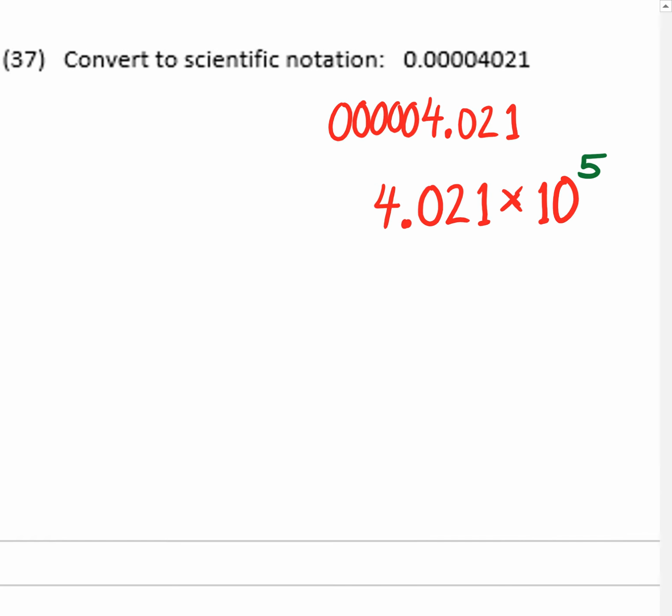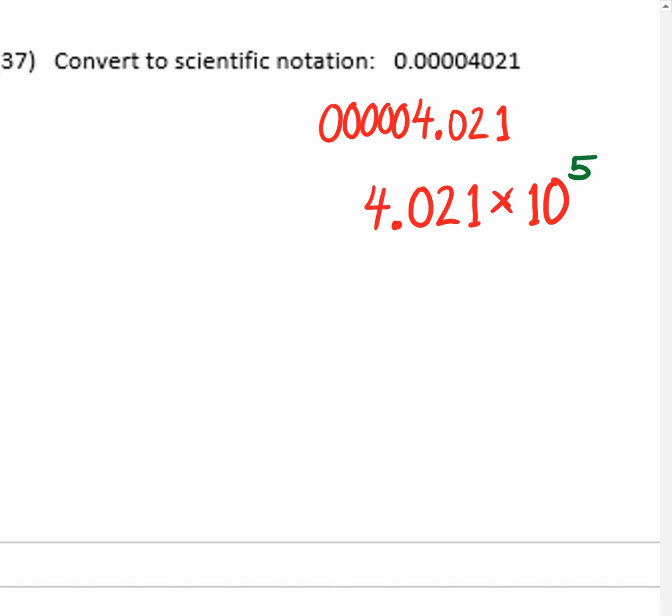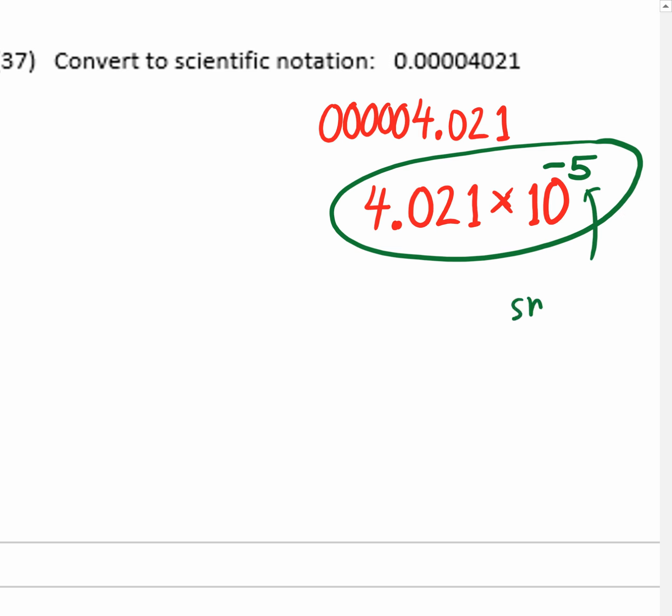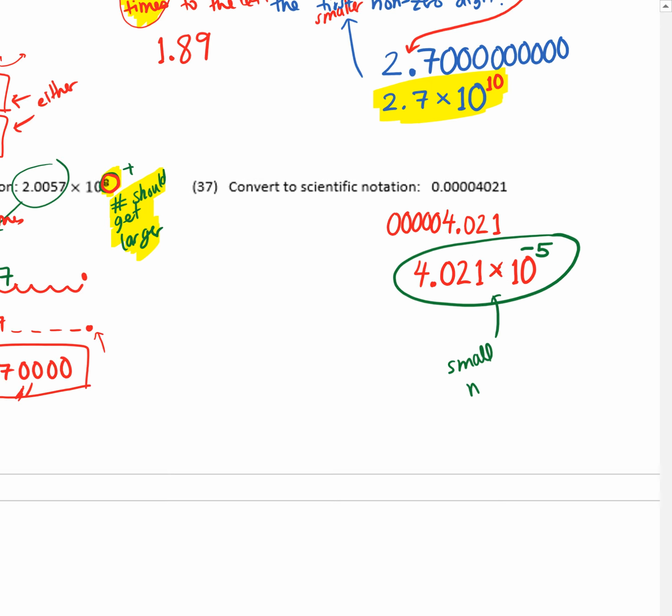But if, like in number 35, you started with a large number, you want a positive exponent. So the last step would be just throw a negative on that 5 power. Yeah, that's for a small number, because that's what we started with, 0.000, blah, blah, blah. All right, good. So far, so good, I think.